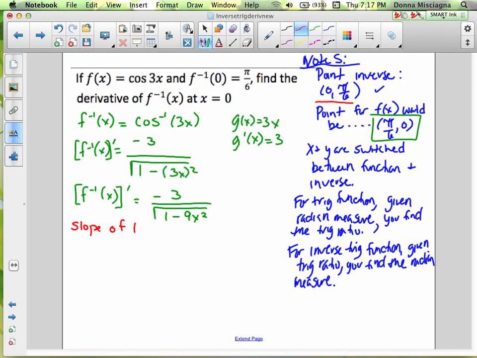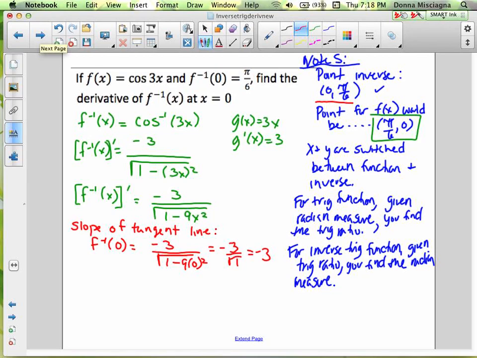So the slope of the tangent line, that's going to be f inverse prime of 0, which is negative 3 divided by the square root of 1 minus 9 times 0 squared. So that's just negative 3 divided by the square root of 1, and that's just negative 3. That's the slope of the tangent line at that particular point.